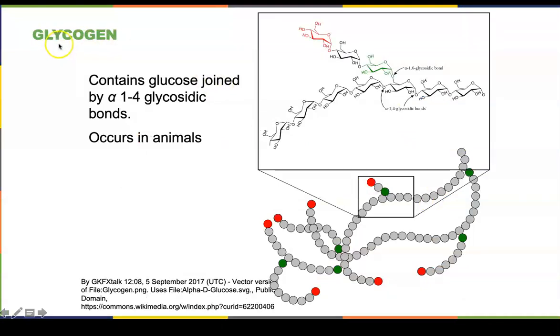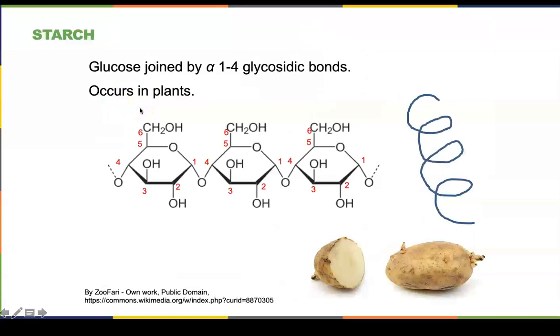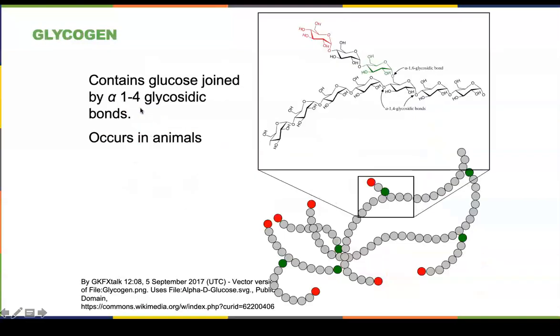A second very closely related molecule occurs in animals. So this is glycogen, and glycogen, just like starch, links glucoses together, and they are linked together by alpha-1,4 glycosidic bonds. So that's exactly what we saw for starch. These are very similar molecules.